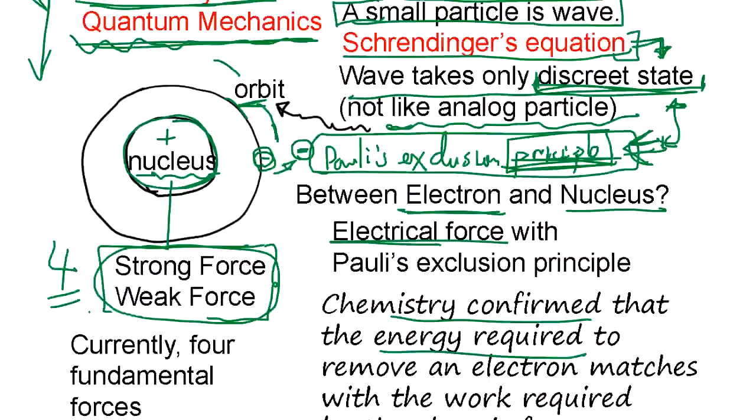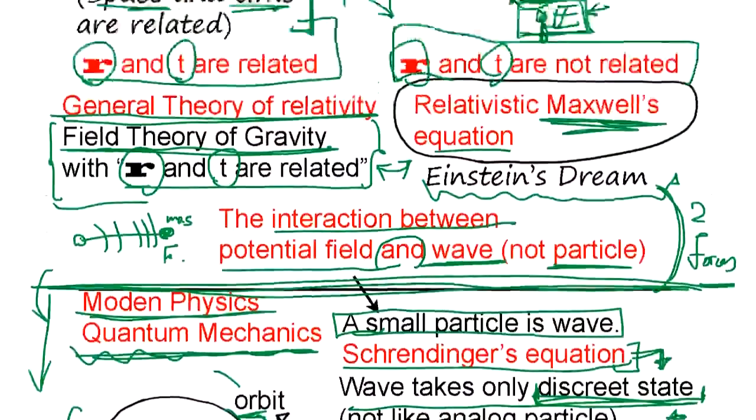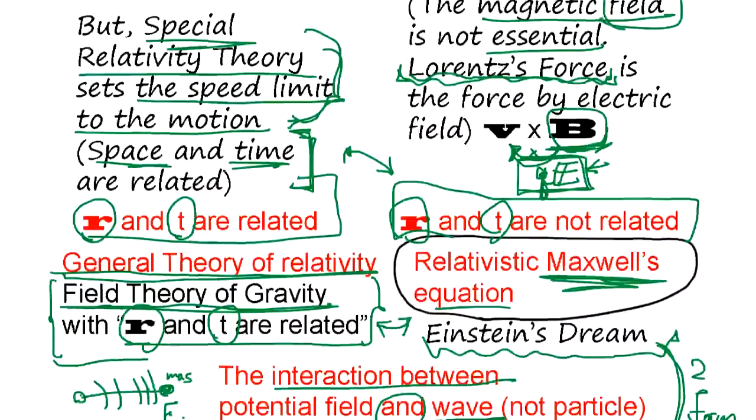There are a lot of principles, laws, many things, because we don't have a good understanding of quantum mechanics at the atomic level. So it's ongoing science right now. Okay, but as far as the first 2 forces are concerned, we have a very well established theory, which is the field theory of gravity and the field theory of the electromagnetic field.